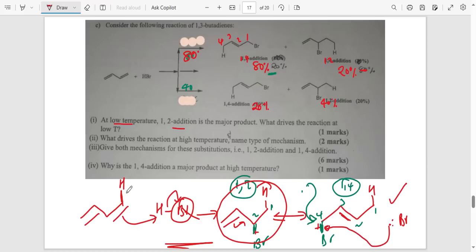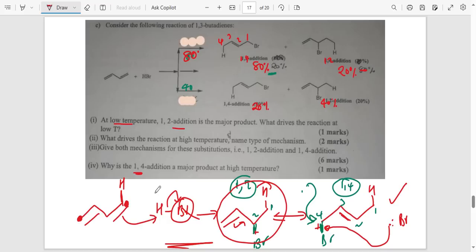Part 4 is asking why the 1,4 addition is a major product at high temperature. That's not a repetition of the question in part 2. Actually, in 1,4 we're attaching at primary carbons, this carbon here and this carbon here.